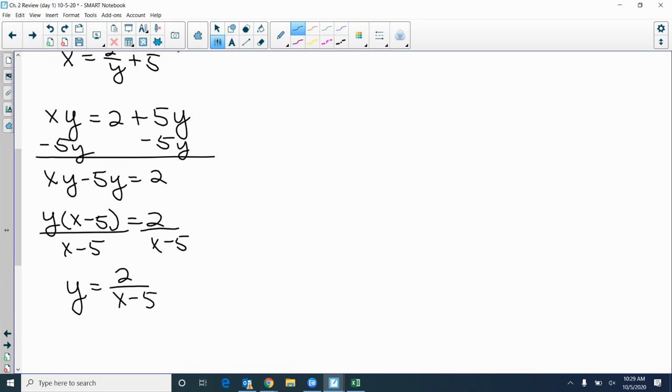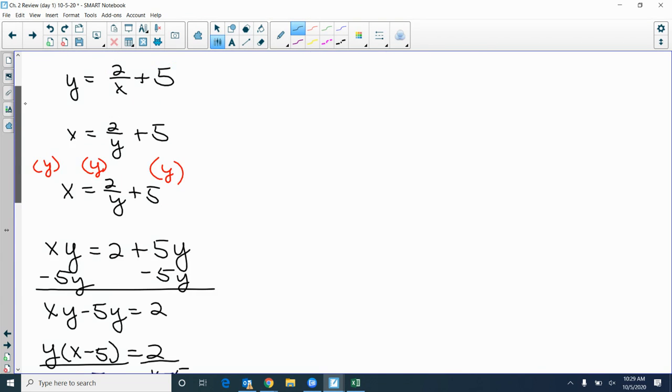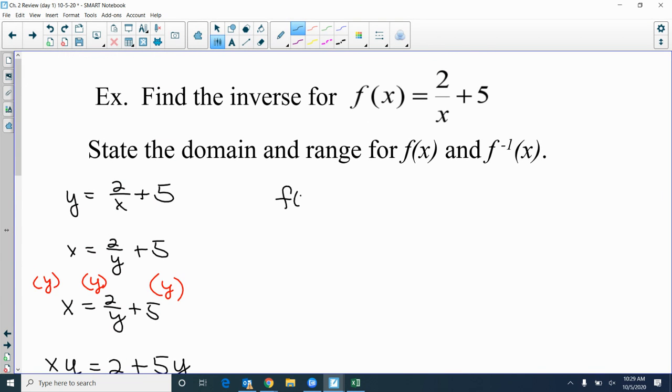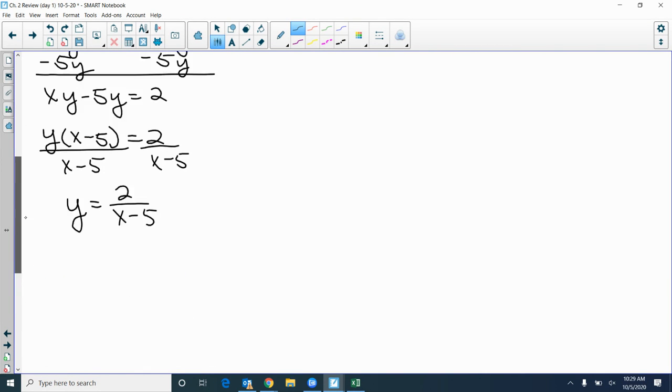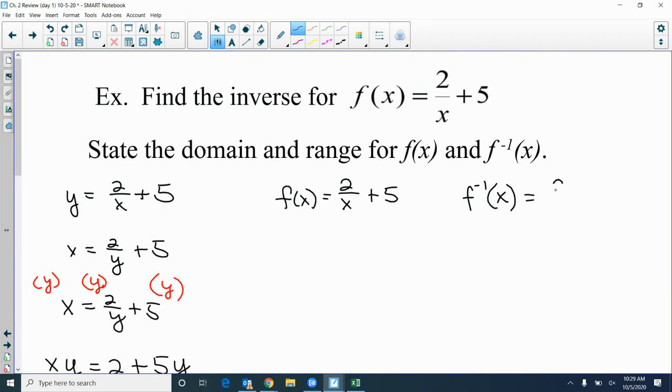But we got f of x equals 2 over x plus 5, and I got the inverse to be 2 over x minus 5. All right, don't worry about the ranges yet.